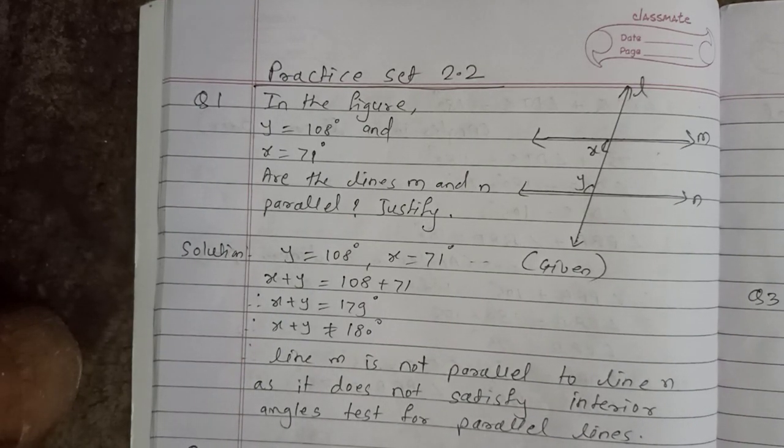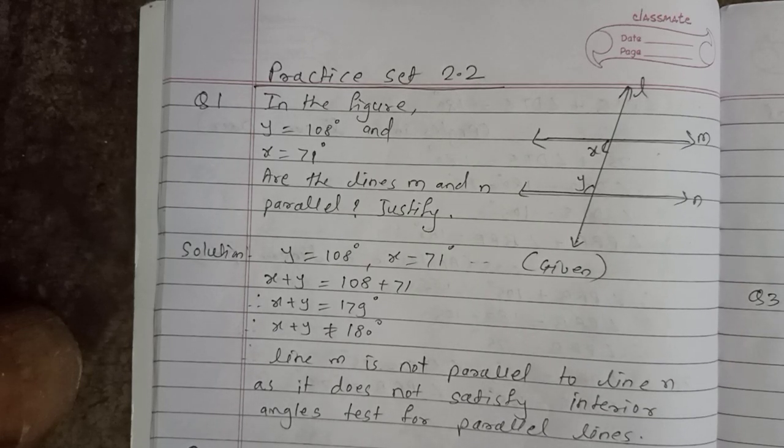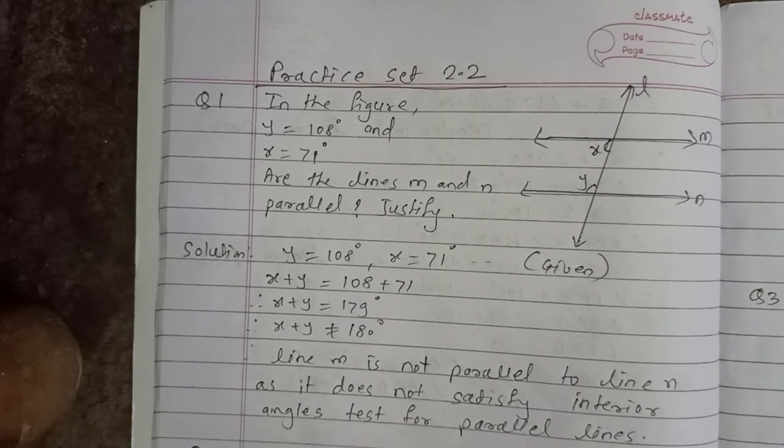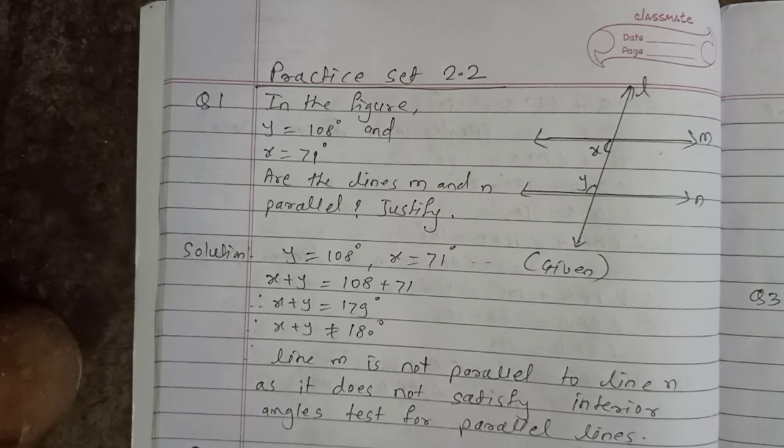Before that I want to say that we have already learned the corresponding angle test for parallel lines, alternate angle test for parallel lines, and interior angle test for parallel lines. We are using those tests for alternate, corresponding and interior angles in this practice set 2.2. Now let us see the first question.